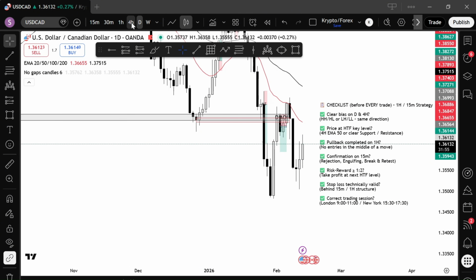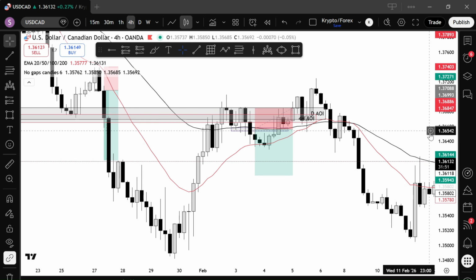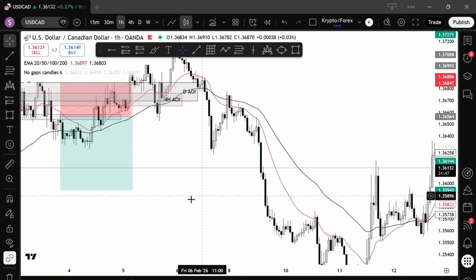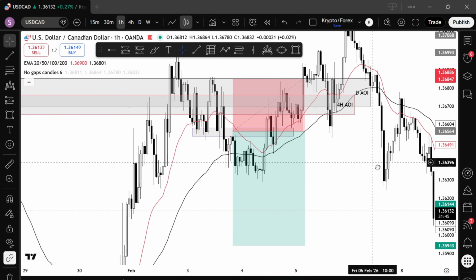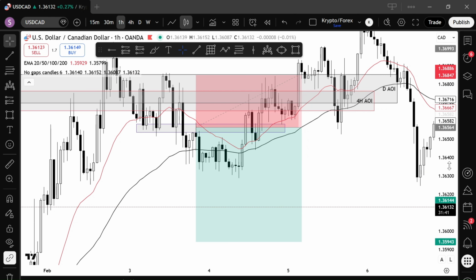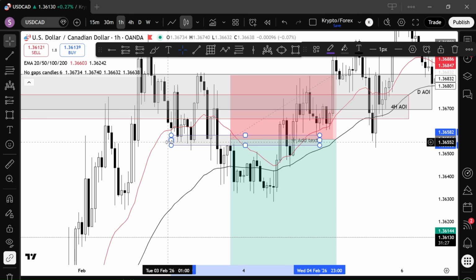So I still wanted to enter on this trade, but it actually was really bad because I entered way too late and at a complete false point. As you can see, I entered off another pullback, the second pullback to this area of interest, and then a head and shoulders formation at the neckline.